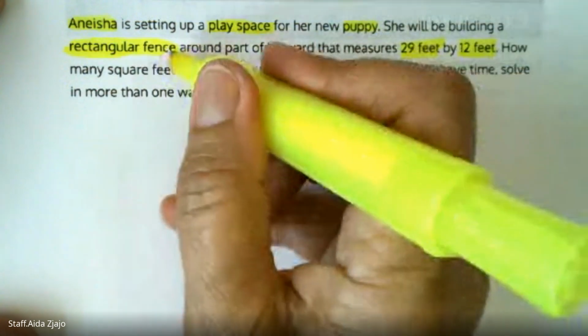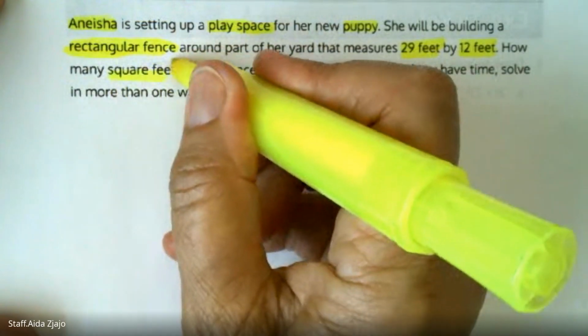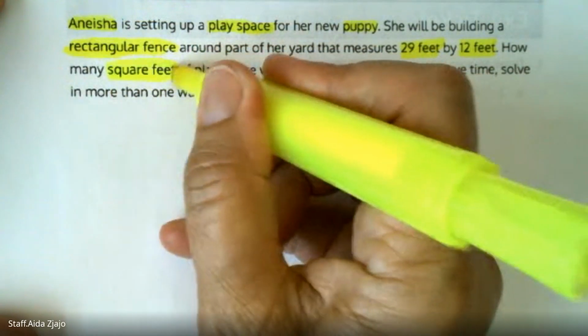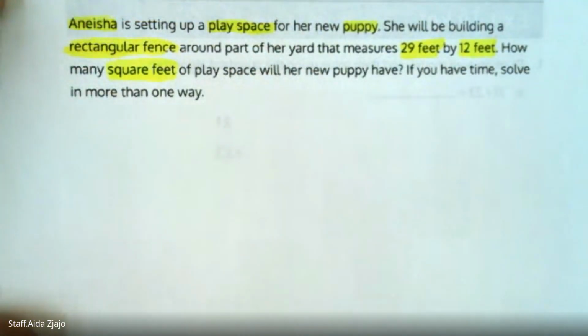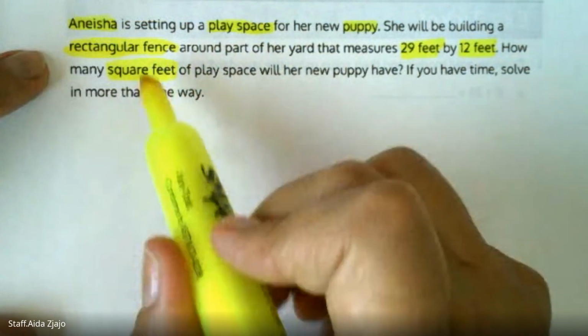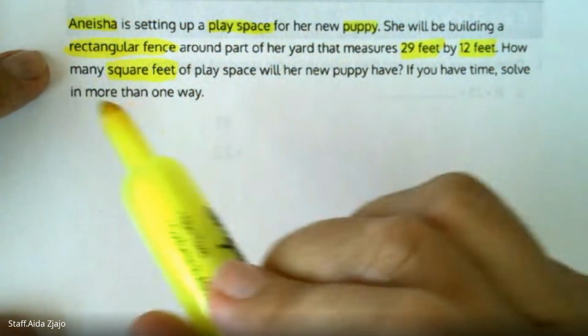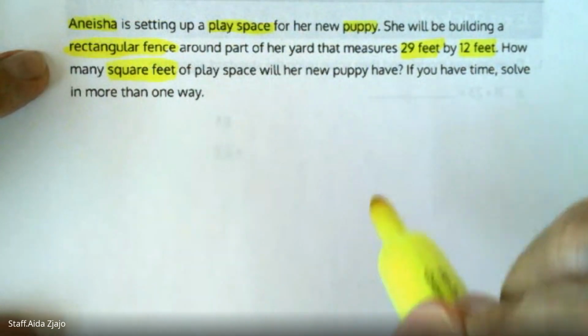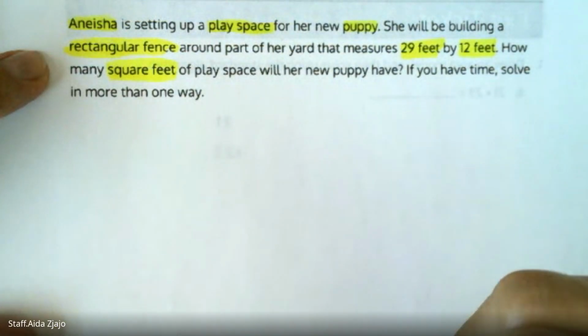How many square feet? This is important. If they say how many feet of fence she will use, then we are talking about the perimeter of her play space. Perimeter is how much space around, the boundary of this rectangular fence.